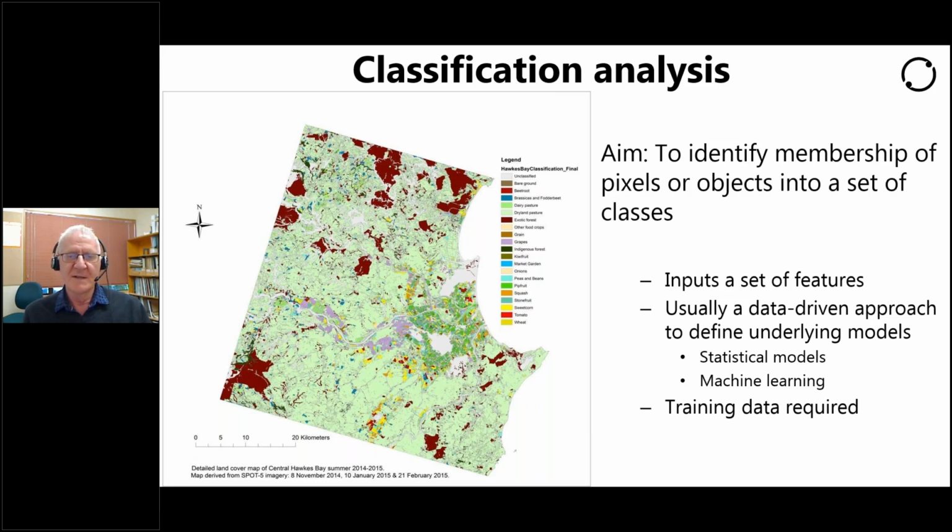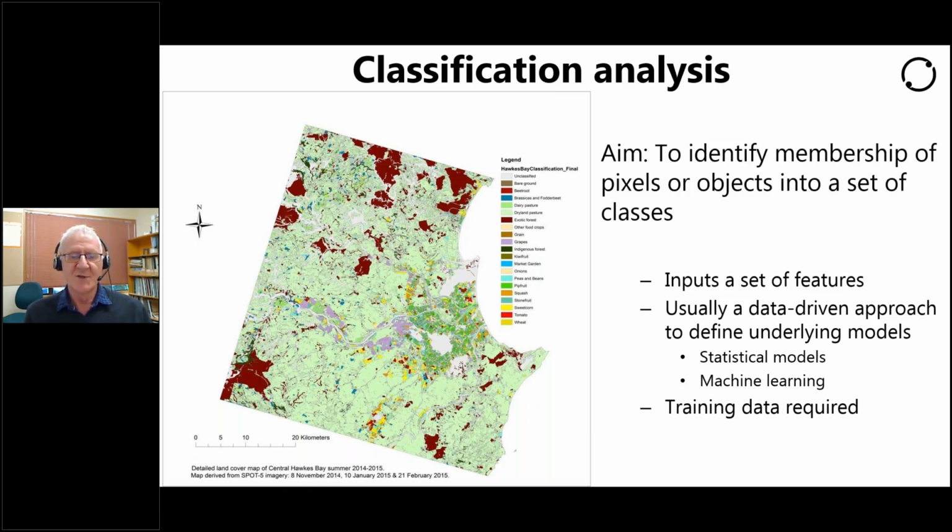So you would define a number of classes, and the objective is to classify each pixel or object into those classes. We do this by giving the classifier a set of input features, and it's usually a data-driven approach. So it could be simple statistical models, or it could be quite complex machine learning or deep learning models that we use to do this.